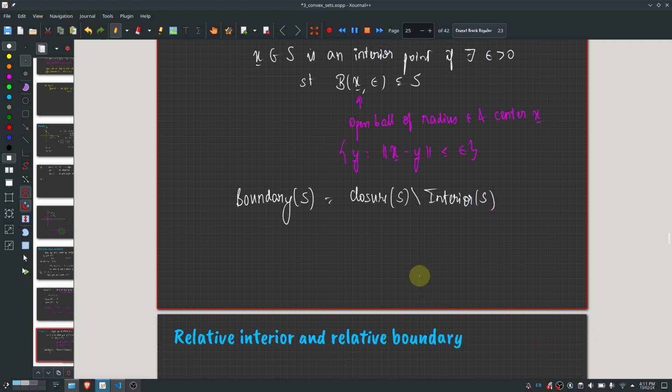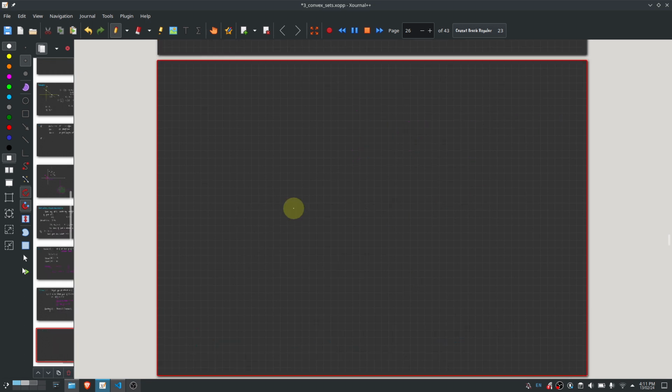Let's take some examples. Let's start with the open interval from 0 to 1, or maybe the half closed interval from 0 to 1. What is the closure of this? So this is my S. Is this set closed?